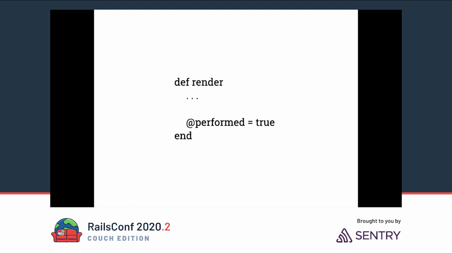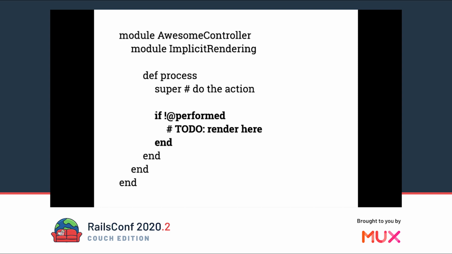We can do so by tracking when rendering has happened, using an instance variable when rendering, and setting it to true at the end of rendering. In our implicit rendering module, we can replace this to-do with a check to see if rendering has happened using that new instance variable. If it hasn't, then we can call render. I've put the render as to-do here because we have not built render for our ActionController base.